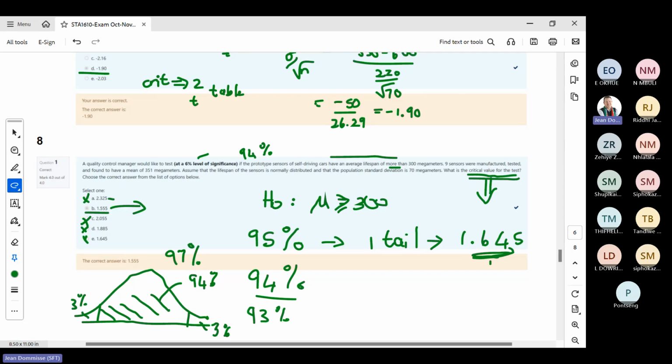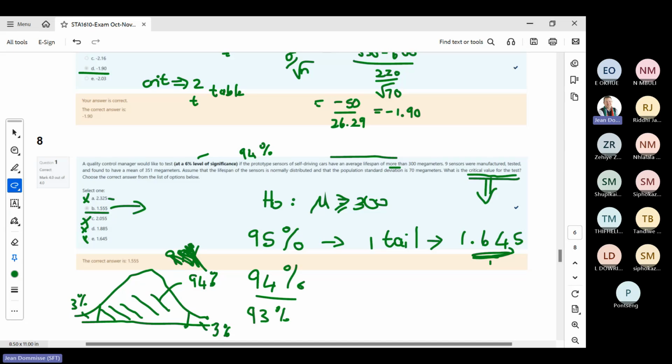Check what is the Z for 97%. I think it should be there, or 94%. I think it's going to be Z 94%. Sorry, not 97. That is if we're doing two-tail. Sorry.